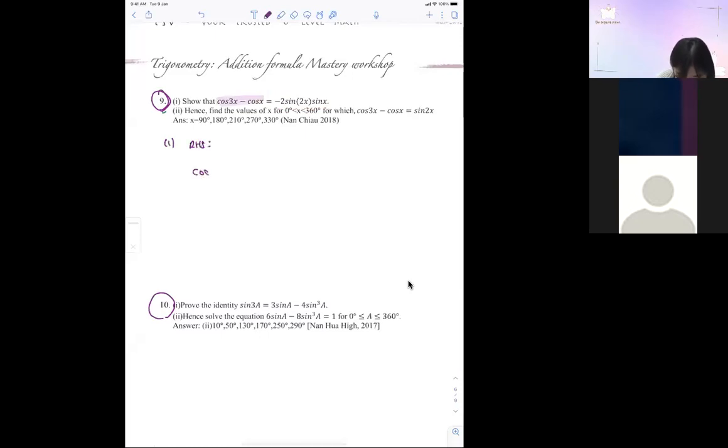Cosine 3x, we know that all of the angles we must change to 2x and x. So we use the addition formula.